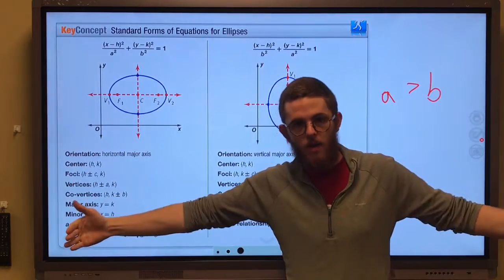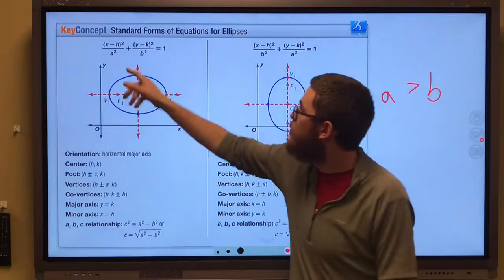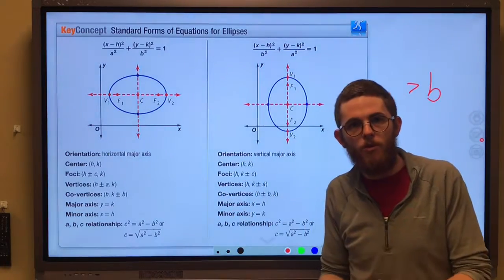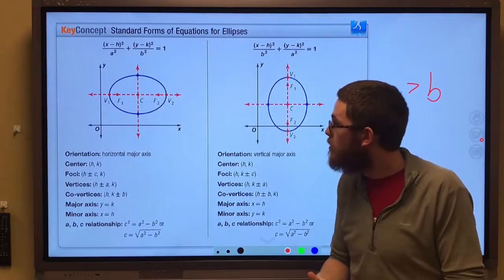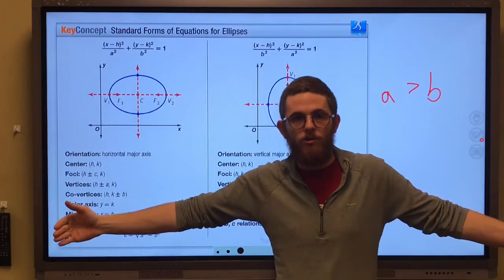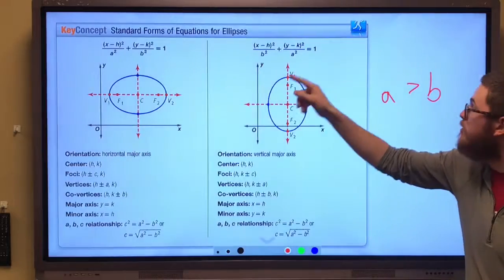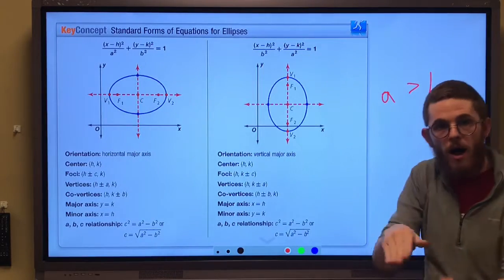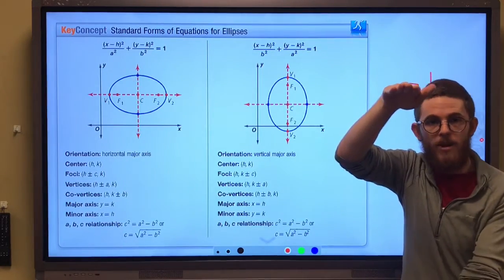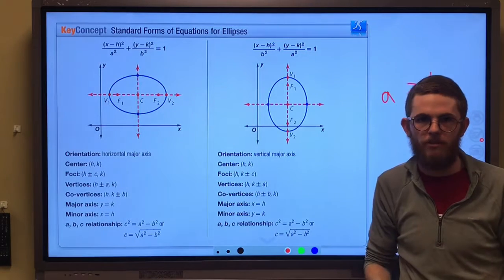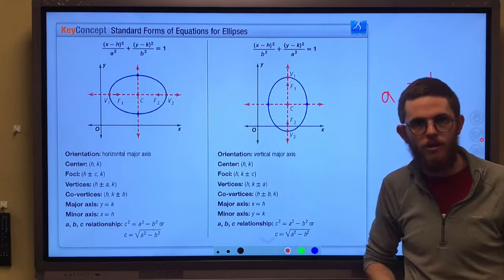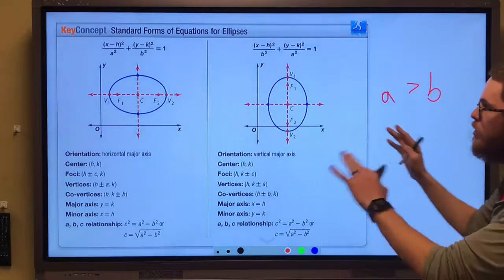It is spreading it out from left to right. So if the bigger number is in the denominator of the term with x, that means we have a horizontal major axis. But if the denominator is bigger underneath the y, it's affecting the y values, and that means we're going to have a vertical major axis. So that should help us sort between these two.